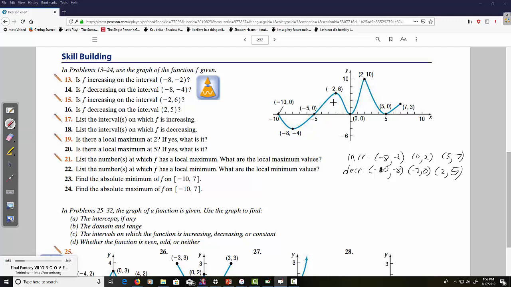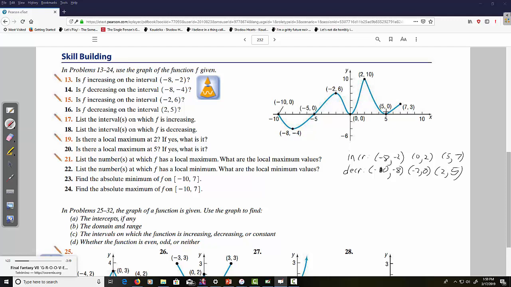So the point is a local maximum, and its value is 6. It's found at -2. So is there a local maximum at 2? Yes, there is. This is the highest point in an open interval around 2. So its highest value is 10. So it has a local maximum at 2, and the maximum value is 10.